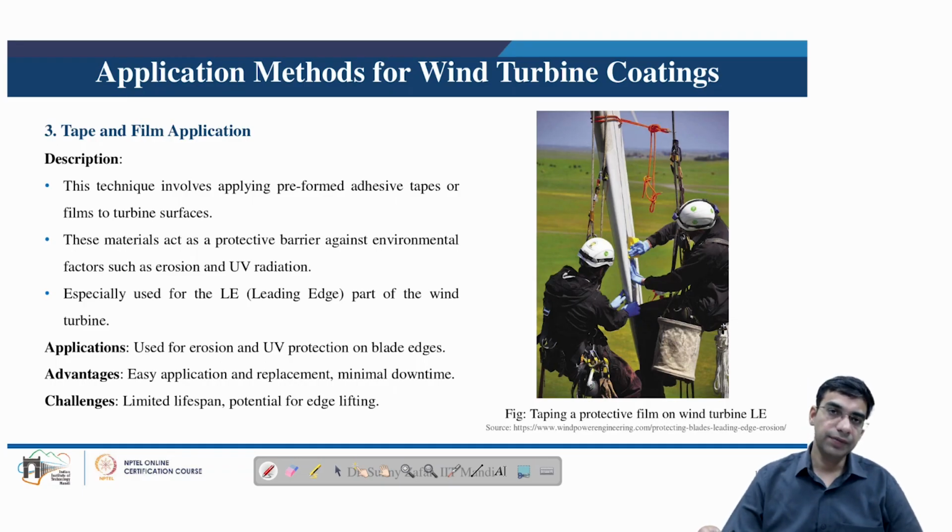Application of the tape and film method includes use for erosion and ultraviolet protection on the blade edges. The process is known to have easy application and replacement with minimal downtime. The challenges of this method include limited lifespan and potential for edge lifting.